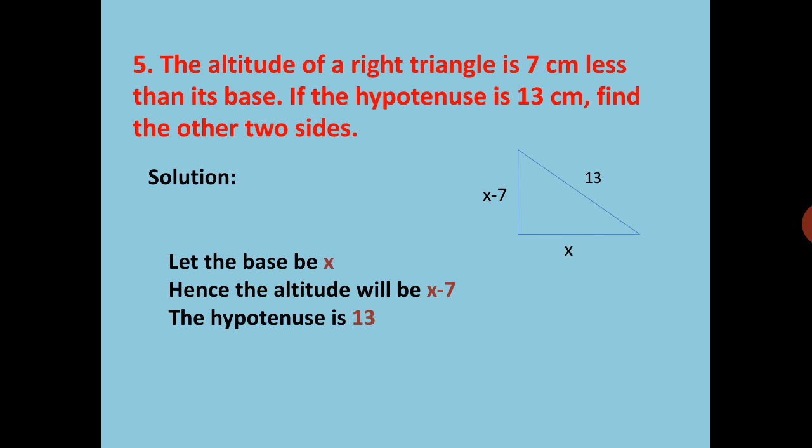A, B are the perpendicular sides, C is the hypotenuse. So, our new equation will be x square plus x minus 7 whole square equal to c square, that is 13 square. So, this is how it is written.